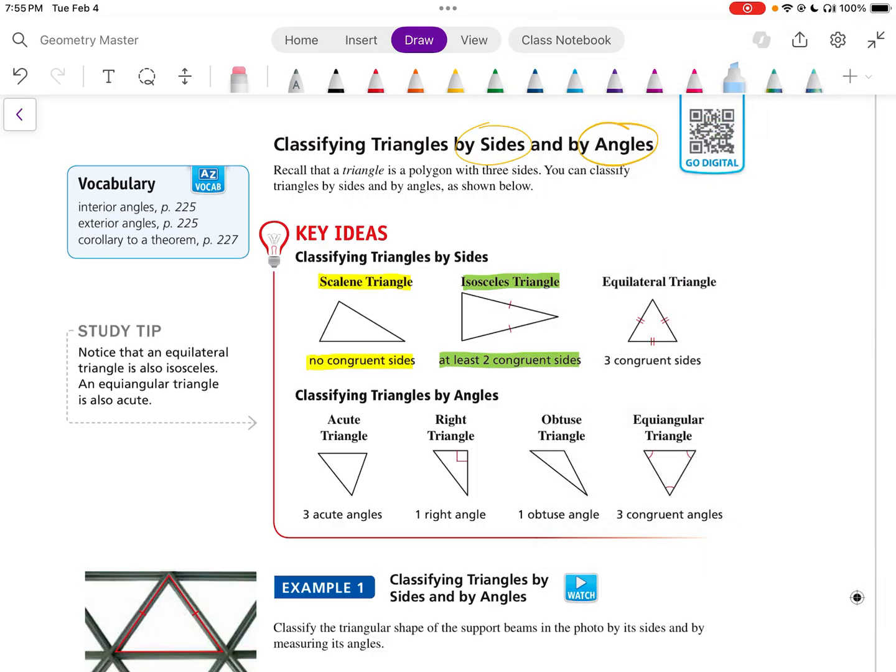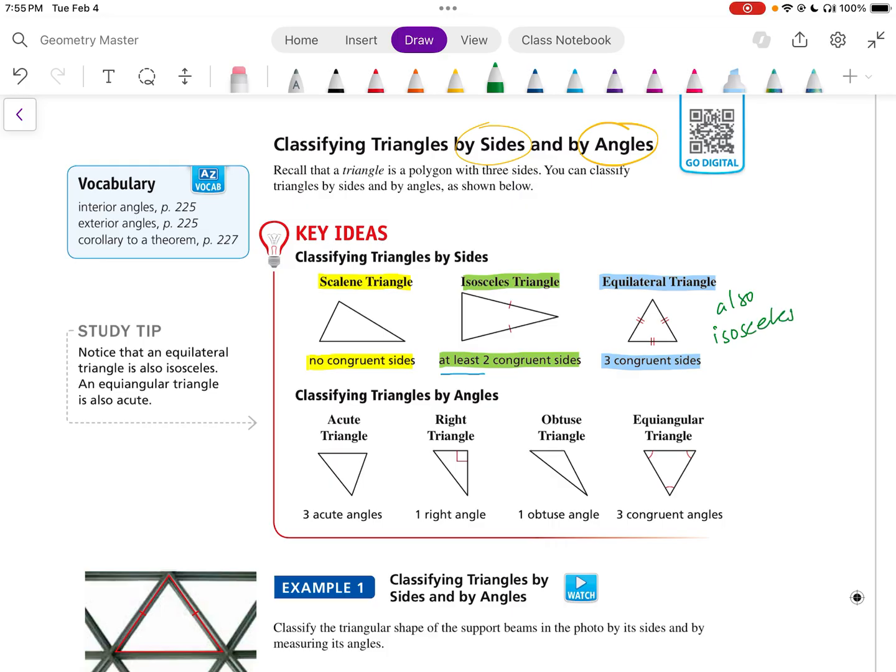And if a triangle has three congruent sides, all sides equal, that's an equilateral triangle. Now you may notice that isosceles says at least two, which means that every equilateral triangle is also an isosceles triangle.